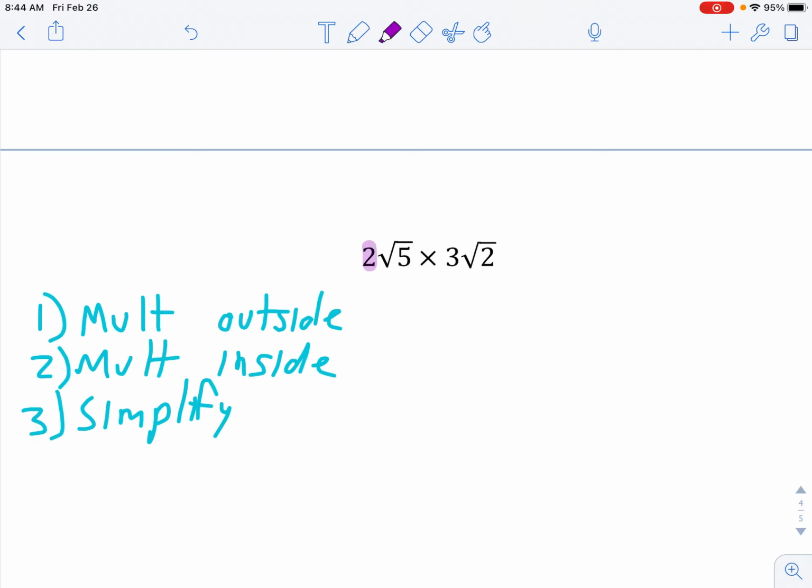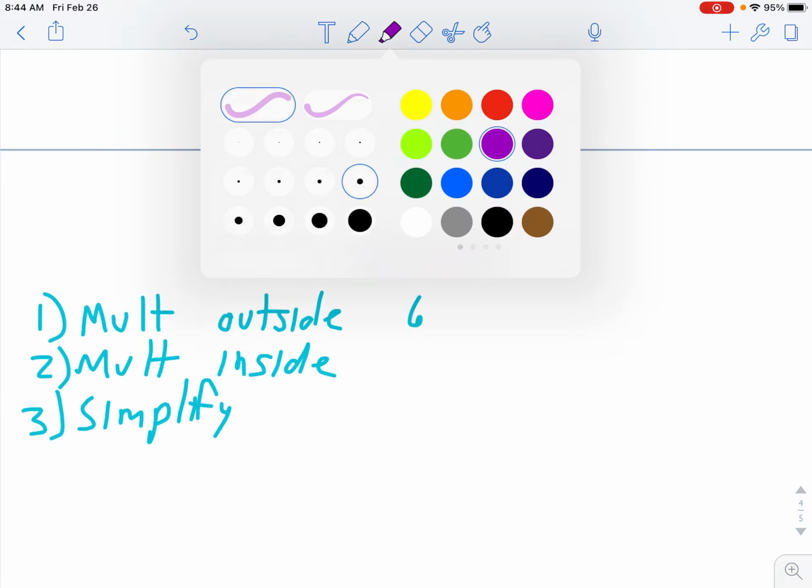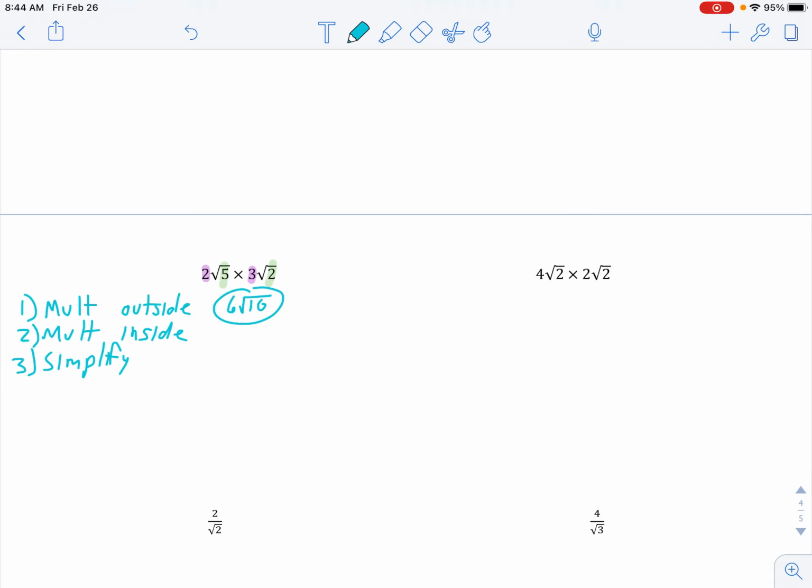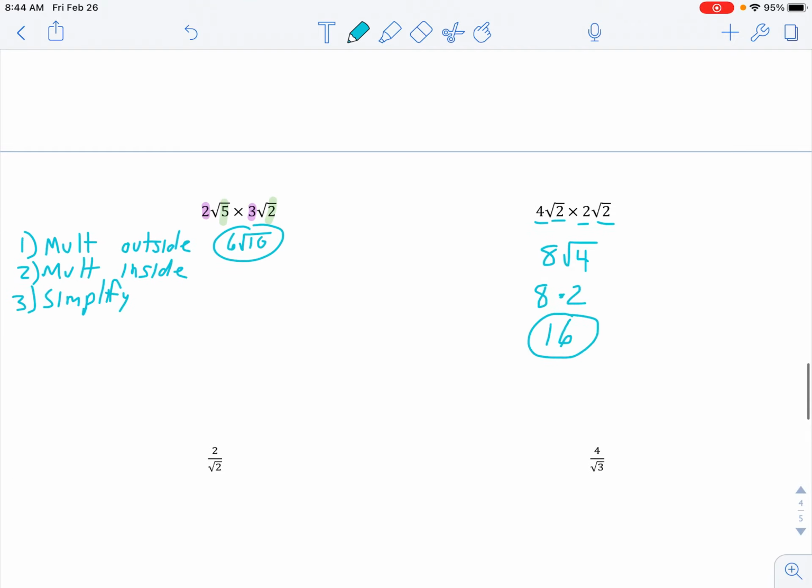So literally all you have to do is 2 times 3, 6, 5 times 2, radical 10. This one cannot be simplified, so we're done. Radical 10 cannot be simplified. Over here, we're going to do 4 times 2, 8. Radical 2 times radical 2 is radical 4. Then simplify. Don't forget to simplify, but then we're going to get 8 times 2, or 16.